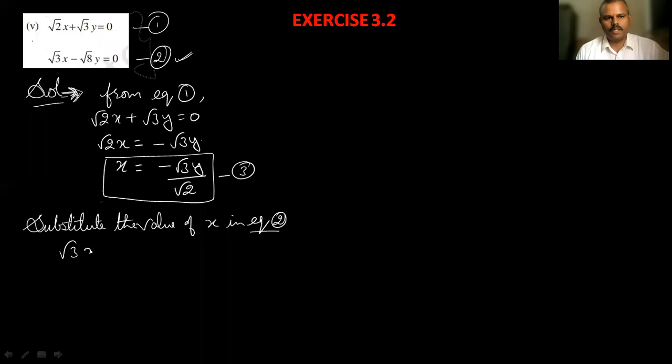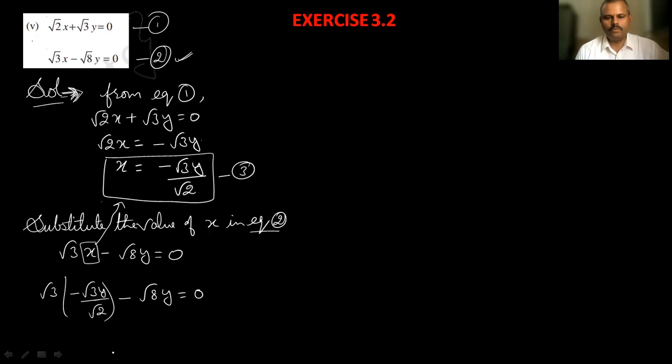The second equation is under root 3x minus under root 8y equals 0. Here, in place of x, substitute this value. So you have under root 3 multiplied by minus under root 3y upon under root 2, minus under root 8y equals 0.